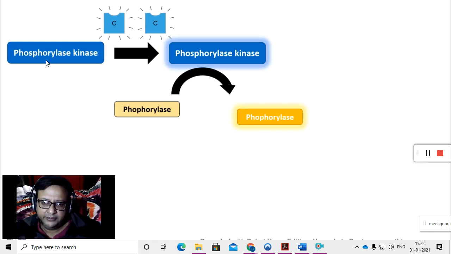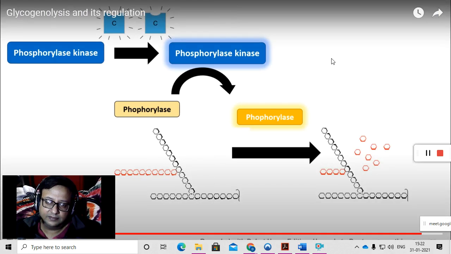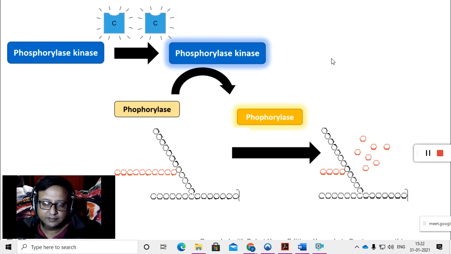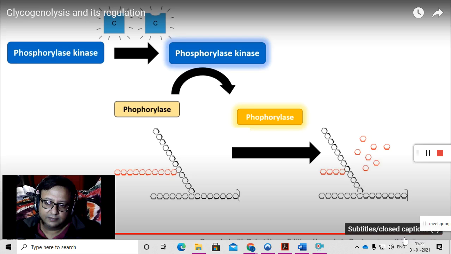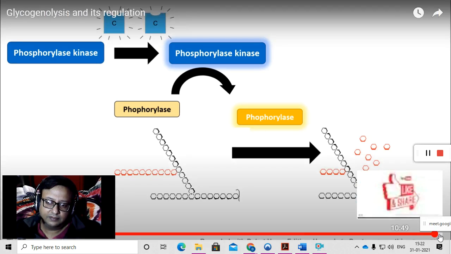So the hormonal control in an immediate flight or fight response would increase the phosphorylase activity, which can eventually break glycogen into glucose and give the muscle an instant source of glucose to channel into the glycolysis pathway and Krebs cycle to get the energy, and that would pump your muscle up for running and save your life, right? So that is how the hormonal control is important over metabolic pathways in order to save our body's physiology.